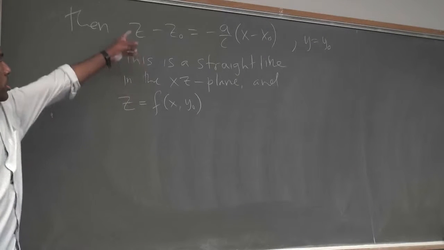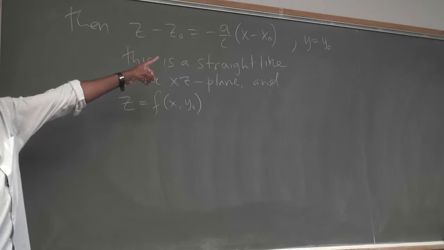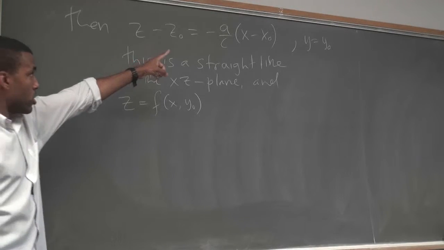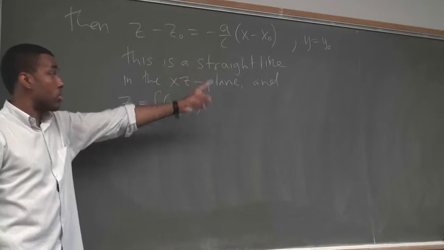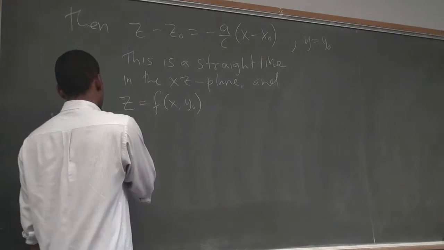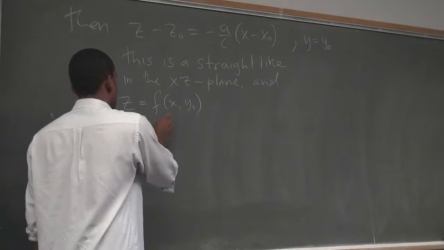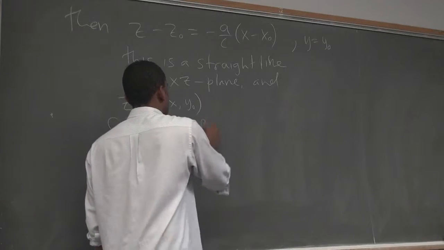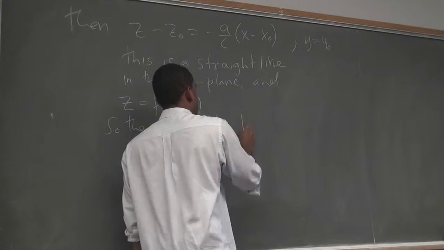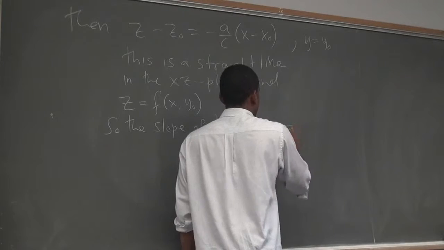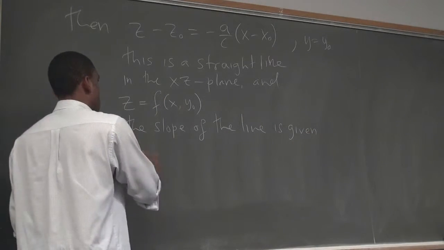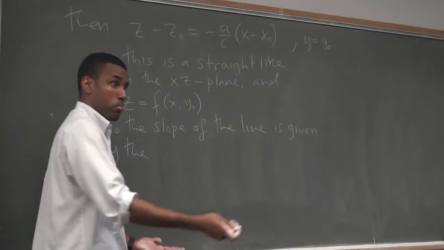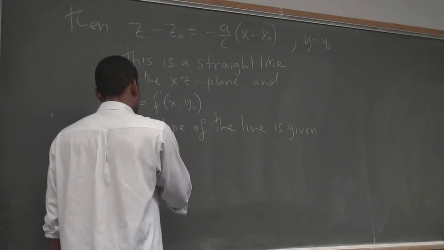And z is now a function of x and a constant, right? Which means that line, we can actually find its slope, right? In fact, we know what the slope is. It's minus a over c. But what gives us the slope? The derivative gives us the slope of a tangent line. So it's going to be the derivative.